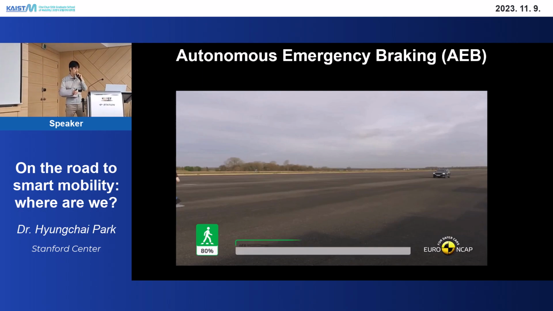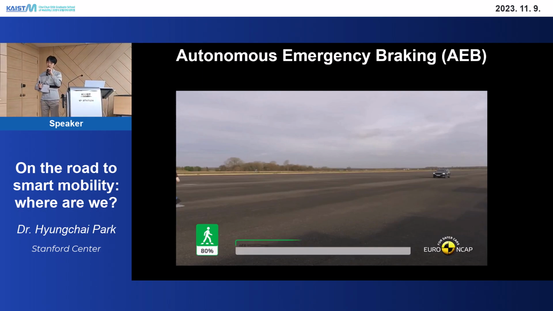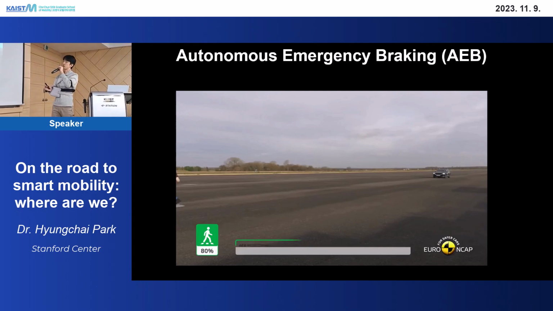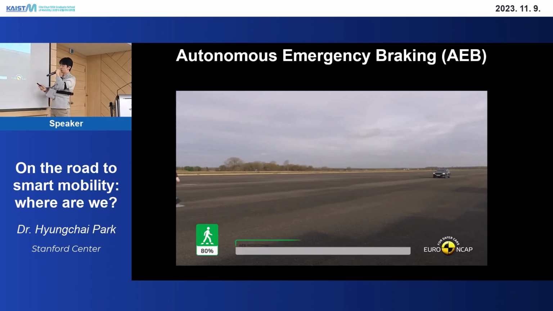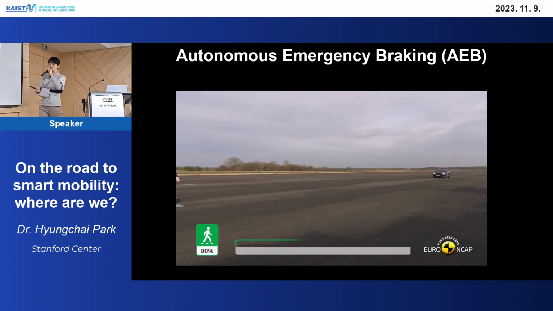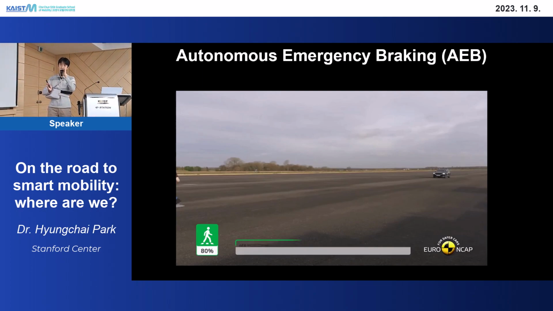The importance of AEB is that when a new car is released, those cars are assessed by a new car assessment program, operated by NCAP. The most famous is Euro NCAP. Now Euro NCAP is starting to increase the portion of these active safety systems. If you get more scores on these active safety systems, your car has a higher safety rating.